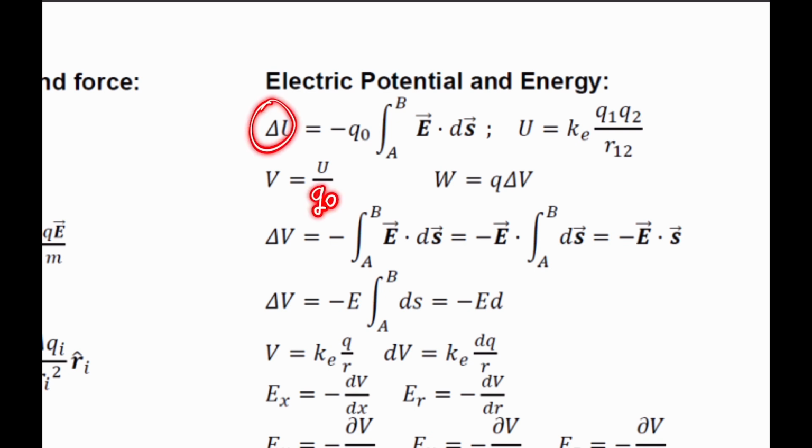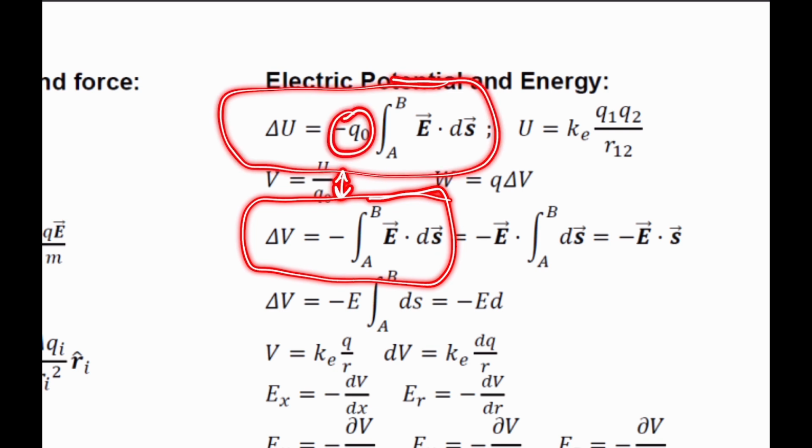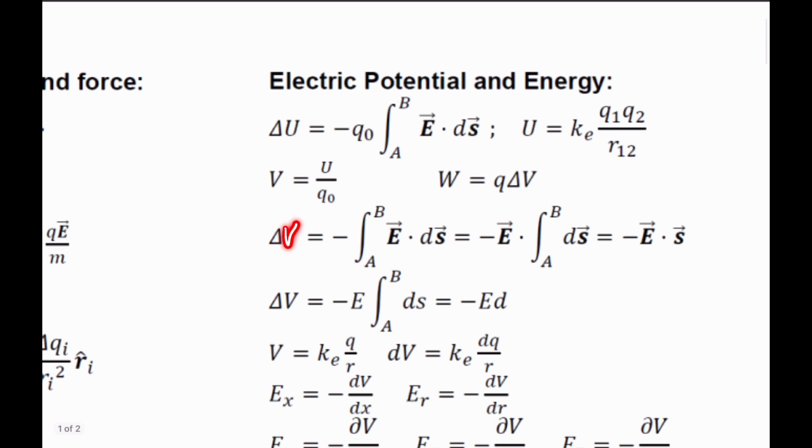So if you take this thing and divide by Q naught, you will basically cancel this first part, and you would get this equation here. Notice how this equation and this equation are pretty much the same, except it's missing a Q naught. That's because of this definition. V is equal to U over Q naught.